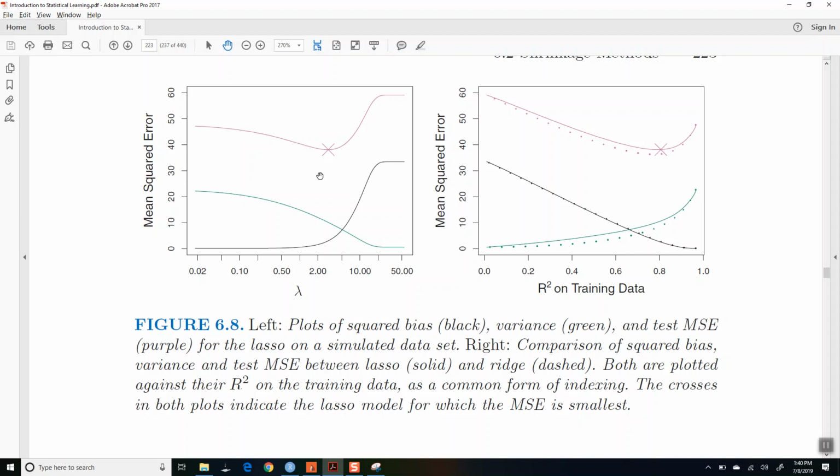You might get lower test error by reducing the variance in your estimates, even if it comes at the cost of introducing some bias. So you can get better prediction performance. With lasso, because it does variable selection, you might have greater model interpretability because now you have a model that uses only a few variables, so it's easier to deal with.